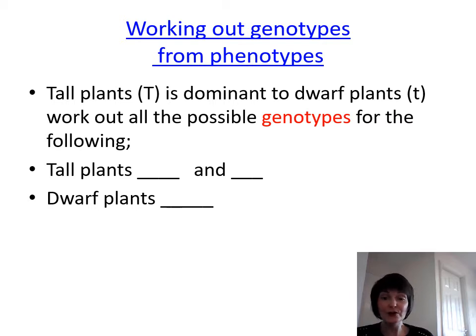Now, how I would do this, first of all, is I know if I'm a dwarf, I've been told that I am recessive from the question because I've got a small t. So the dwarf plants must be small t, small t, because they must have 2 recessive alleles for them to be a dwarf.